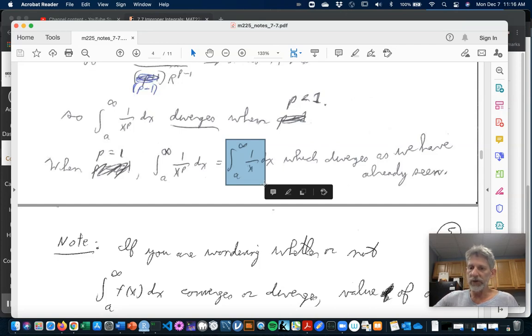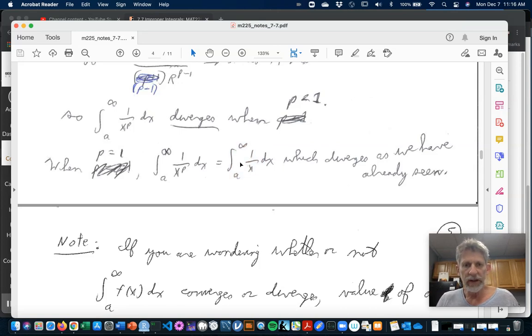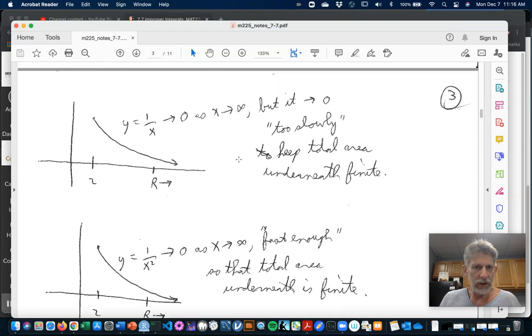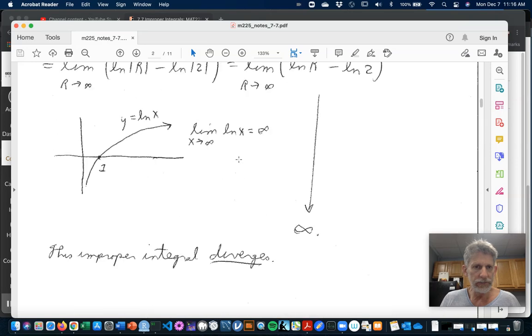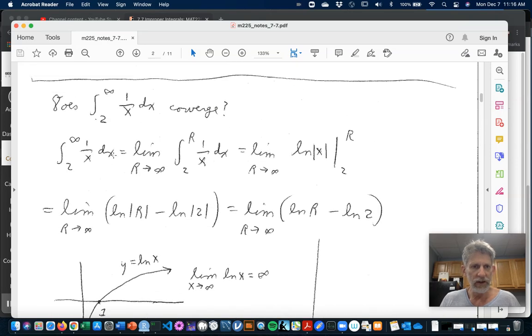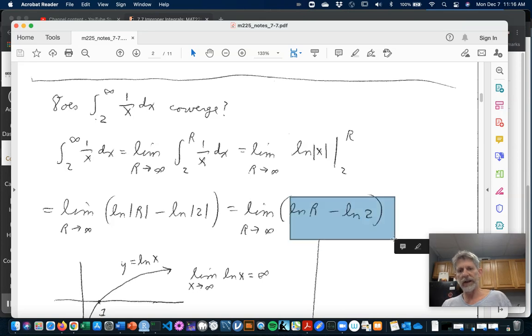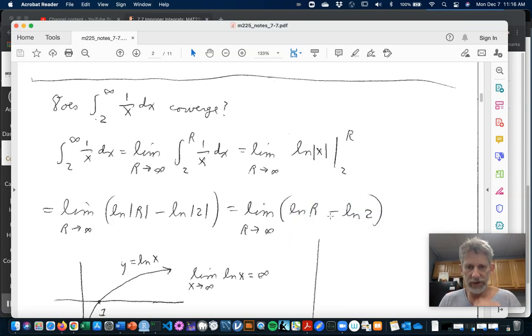It only matters what's happening with the r going off to infinity. If you redid the calculations with an a instead of a 2 in the example up here, just imagine you'll have a's instead of 2's all the way through, and you'll be looking at a log of a here that has no effect on the fact that that whole expression goes to infinity.